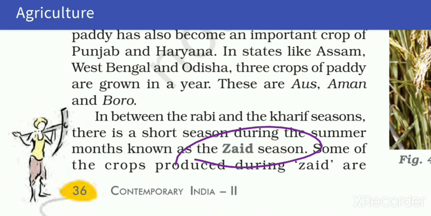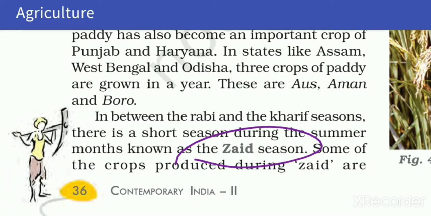Zaid crops are grown in a short duration between the Rabi and Kharif season. It means from March to June Zaid crops are grown. March is the month in which the seeds are sown, and June is the time when the crops are harvested.